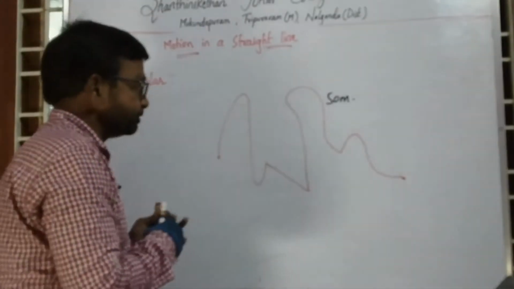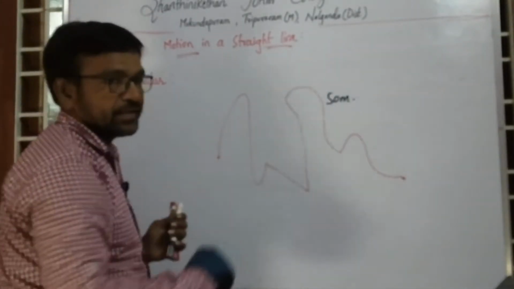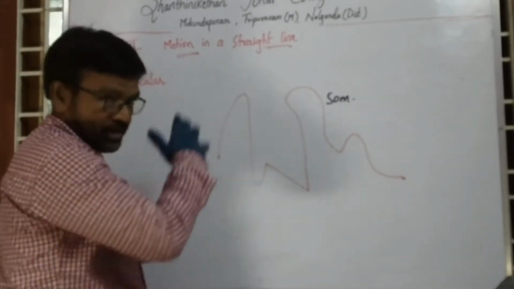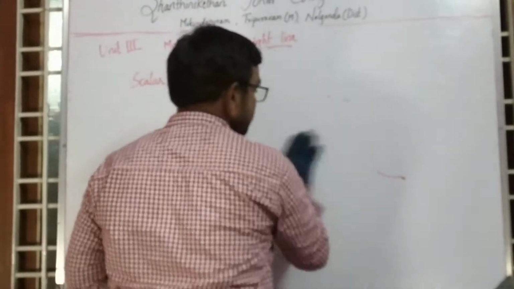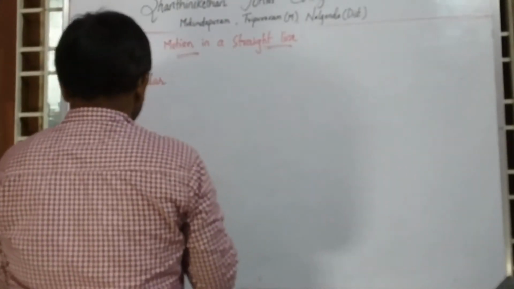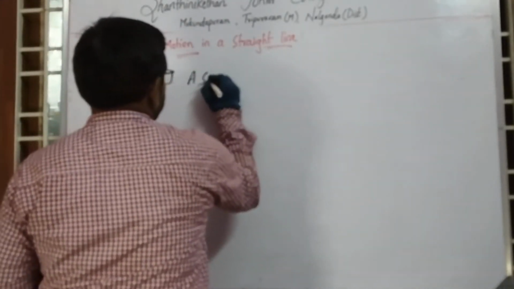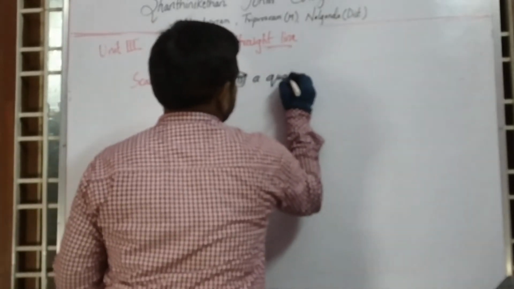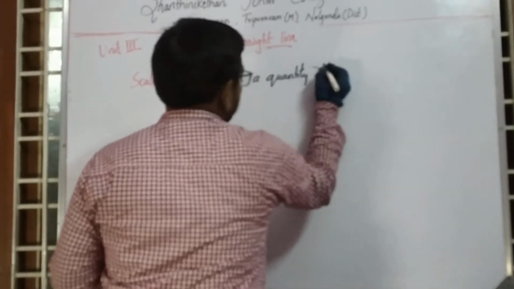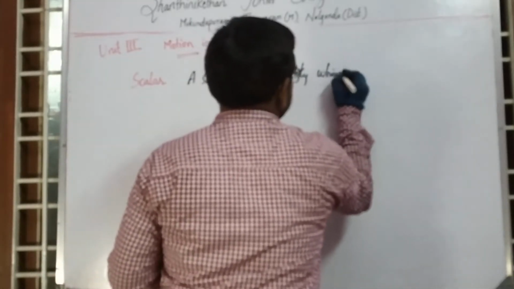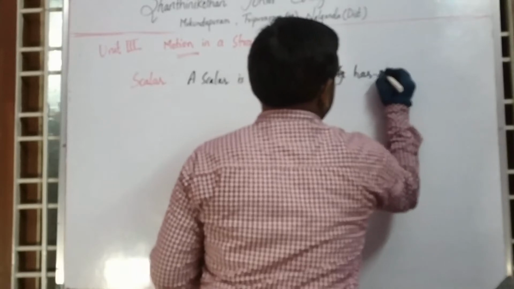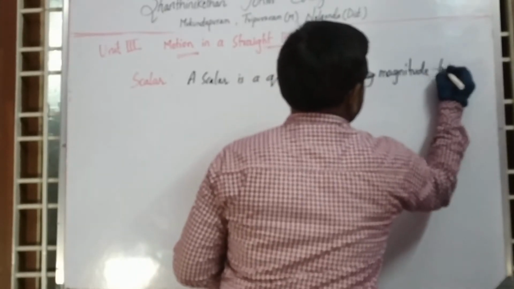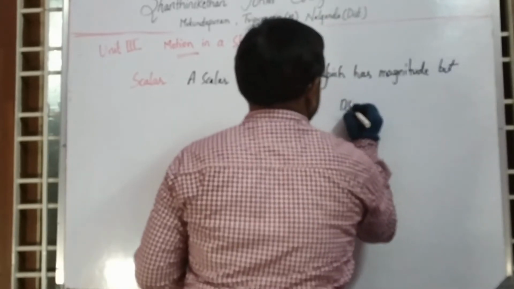That's it. This is about the scalar. It has magnitude but no direction. Let me write it here. A scalar is a quantity which has magnitude but no direction.